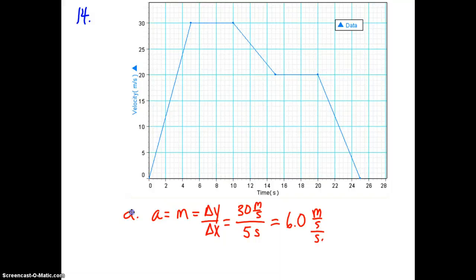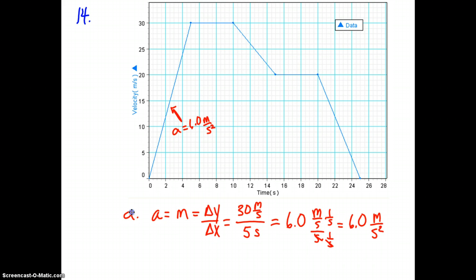So the reciprocal is 1 over s, and we do that to both the numerator and the denominator. That cancels the s in the denominator, and we get 6.0 meters per s times s is meters per second squared. So for our first interval here, the acceleration is 6 meters per second squared.